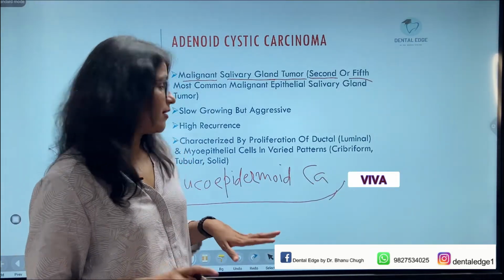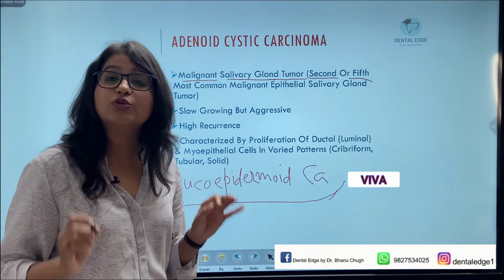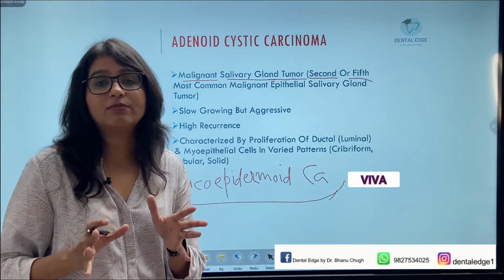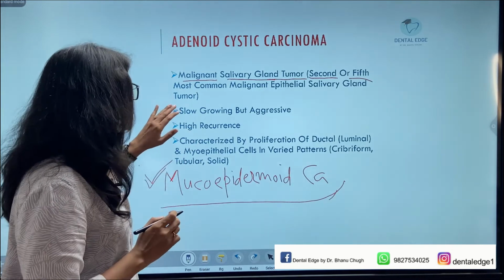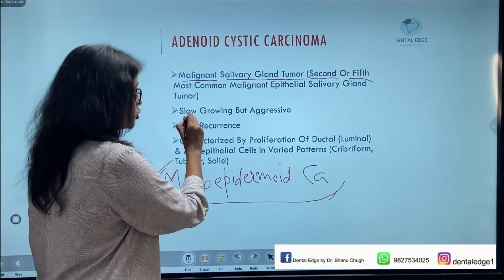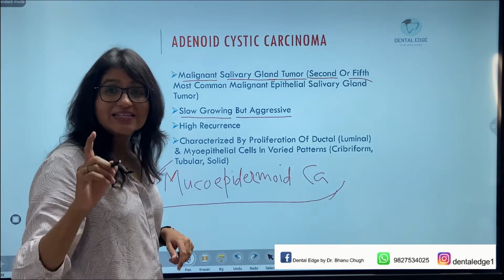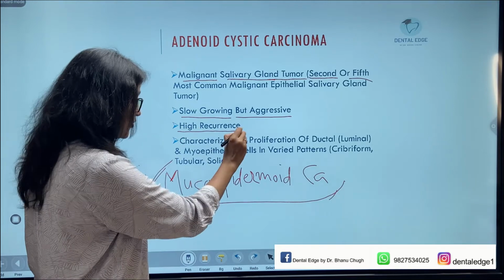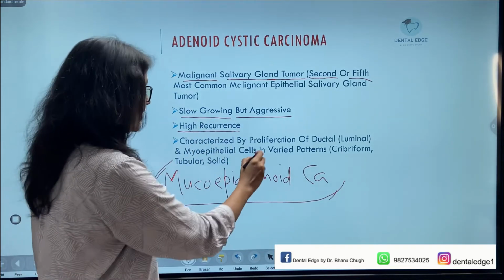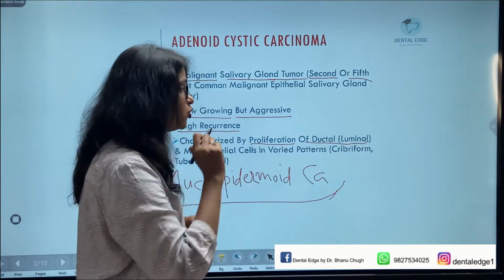And this can be a viva question, that which is the most common malignant salivary gland tumor, and that is mucoepidermoid carcinoma. Now the adenoid cystic carcinoma, it is slow growing but it is aggressive. It has a high recurrence rate and it is characterized by proliferation of ductal or luminal cells.